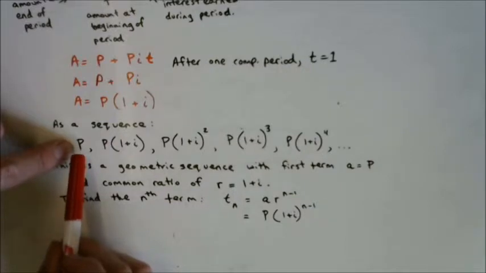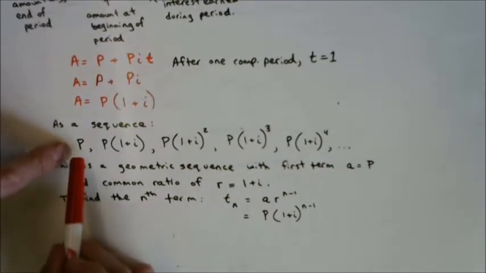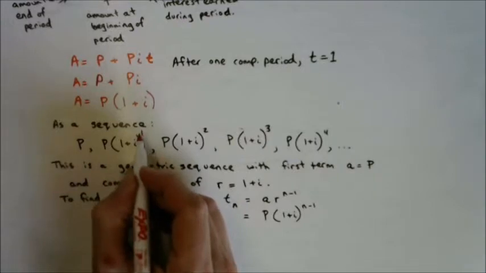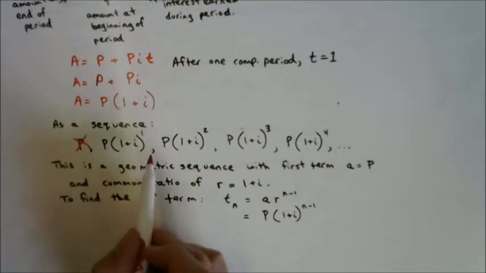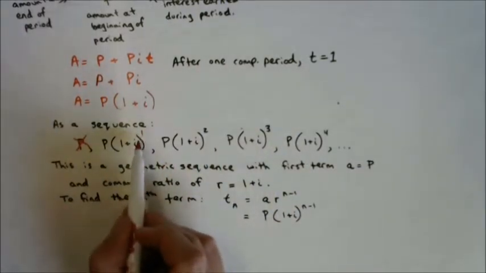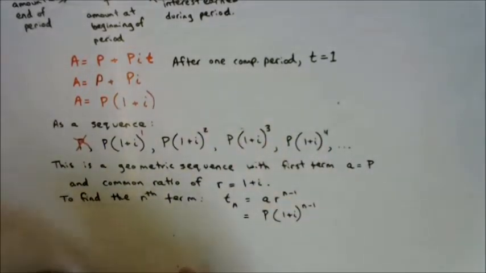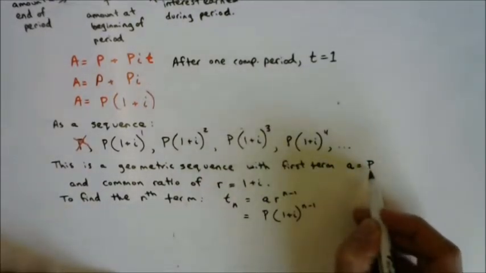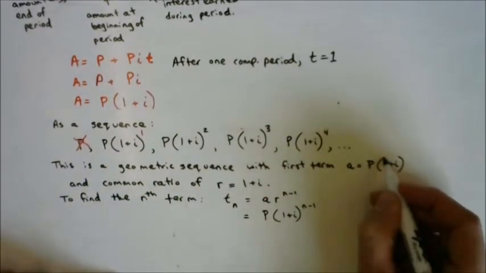Remember, we talk about sequences that n is always a natural number, so you can't have a 0th term. This would be the 0th term, and this would be the first term. So I'm going to cross it out for a second, and we're just going to think of this as a sequence where n is the term number. So this is the first term, second term, third term, fourth term. In which case, the first term isn't P anymore. The first term is P times 1 plus i.